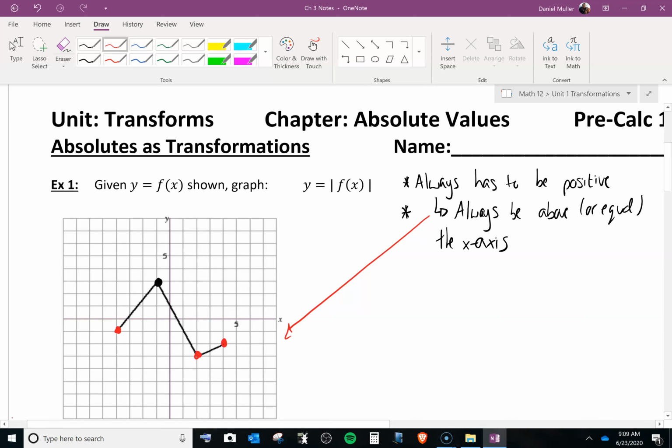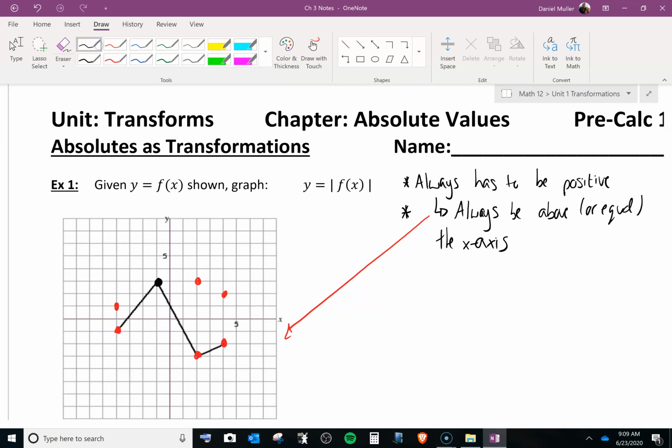So these points down here have to be brought all the way up. So look, it's down 1, 2, 3. So I'm going to bring it up 1, 2, 3. And here, this is 2 below the x-axis. So we take the absolute value of that, it goes up to here. This is 1 below the x-axis. We'll take the absolute value, and it's right there.